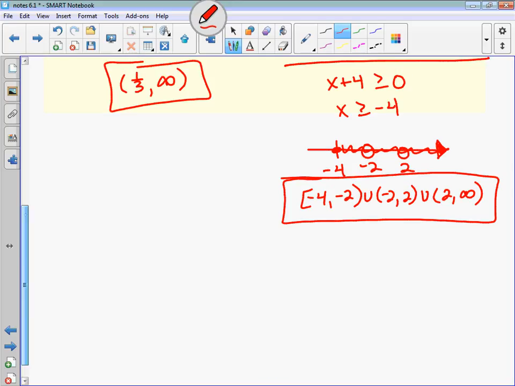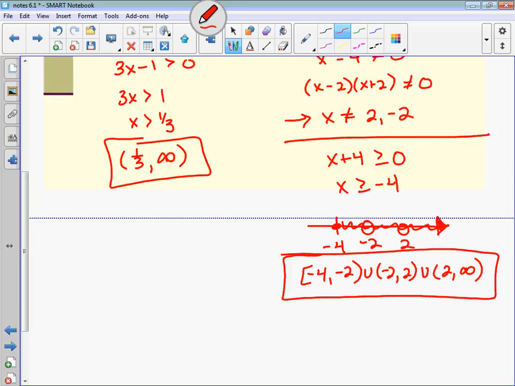I don't want you to mess it up because you have to make sure you include this and this. So I recommend making the picture with the number line just so you get the right answers for your actual domain.